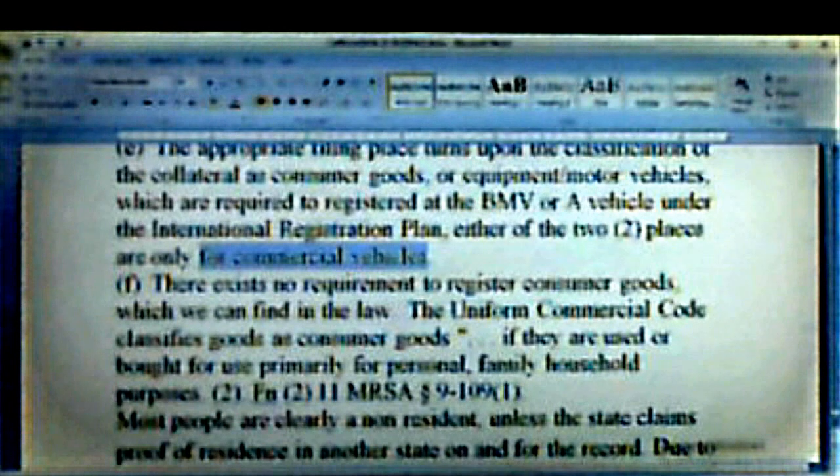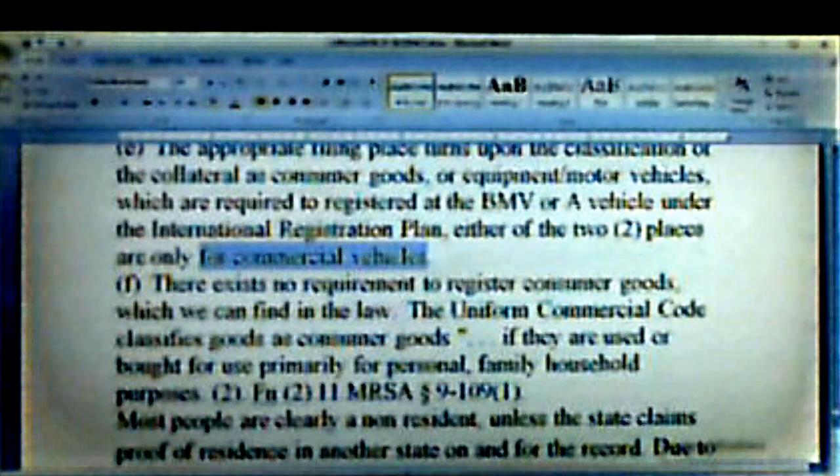The Uniform Code classifies goods as consumer goods if they are used or bought for use primarily for personal, family, household use. Right? We know that. Household purposes, that's it. If it's a household purpose car, you don't go driving around and hauling people and getting paid to take people from here to there to yonder. You're not a commercial driver.